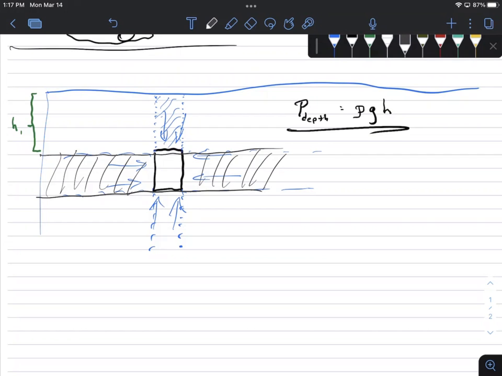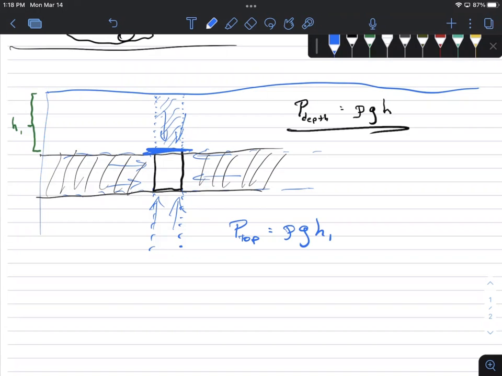How do I know? Well, let's take a look at the top here. At the top, the pressure is going to be rho times g times the depth h1, h1 being the depth of the top of the box.